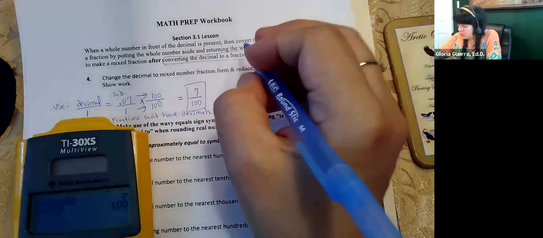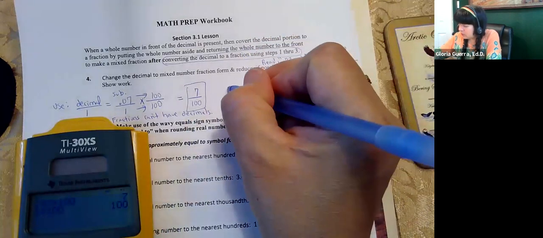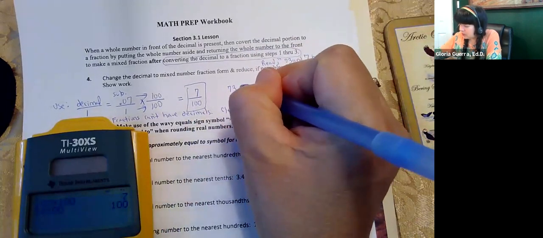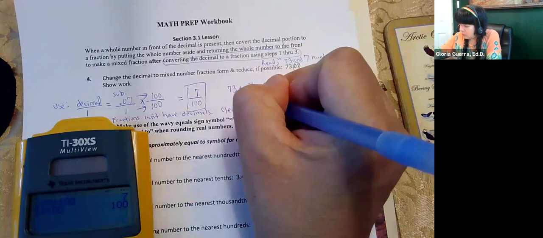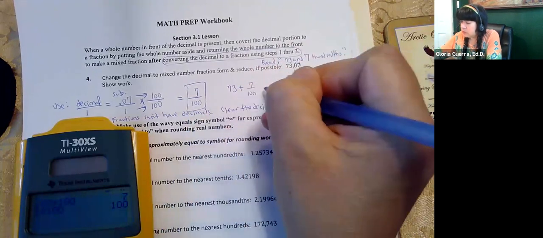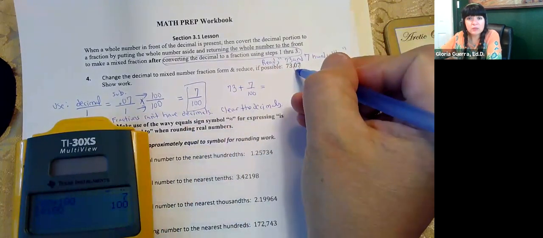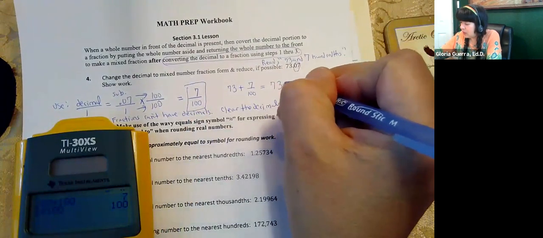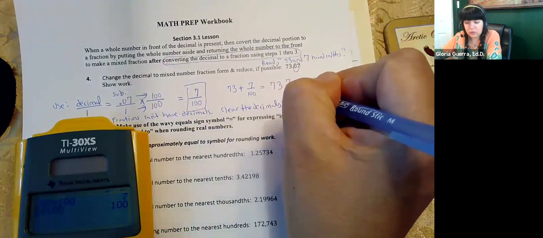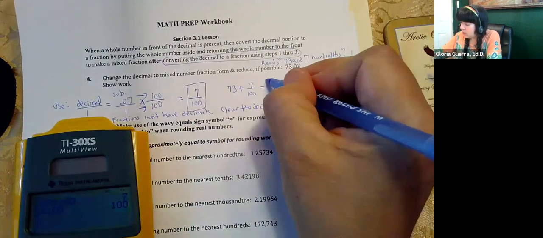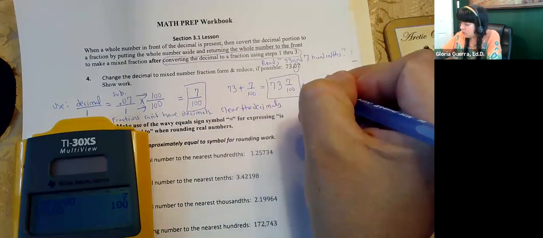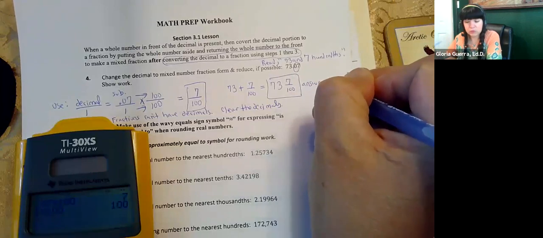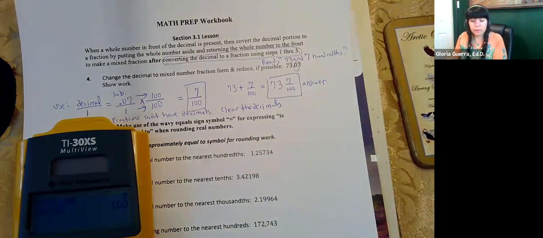So your answer is going to be 73 plus that 7 over 100, which is just 73 and 7 over 100. And that is your answer to this problem.